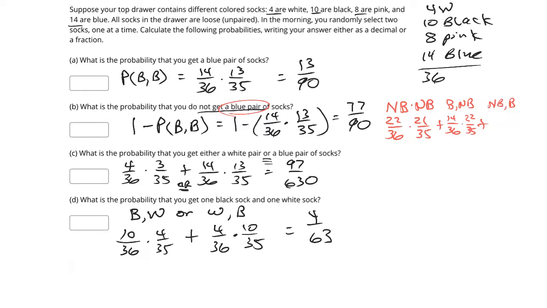And then the next one would be not blue is 22 out of 36, times the 14 blues that I could still get out of the remaining 35. And if you add all that together, that's going to give you the same thing, 77/90. So I just wanted to show you everything on this question and how to make sure you calculate the proper probabilities of 2 events.